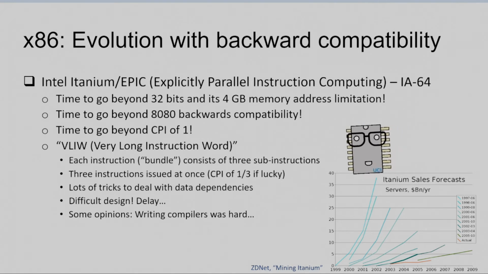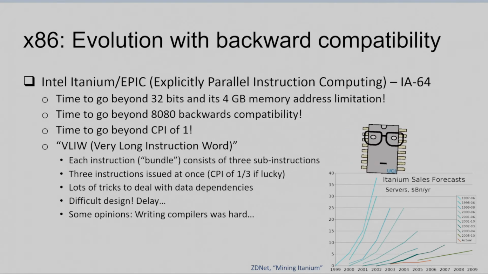If you had data dependencies between sub-instructions in a bundle, the ISA specs would not allow it. But if we're lucky and we managed to pack 3 tasks in a bundle, we would be getting a CPI of 1/3, so 3 times better. That was supposed to be the big thing.